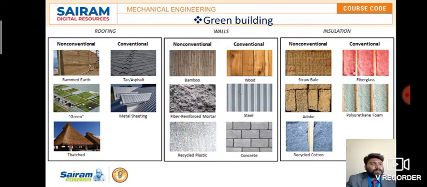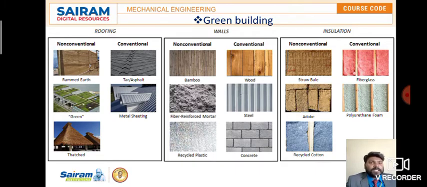The conventional methods are fiberglass and polyurethane foam. On the other side, the non-conventional are straw bale, adobe and recycled cottons. So the time has come for us to shift to the non-conventional methods.